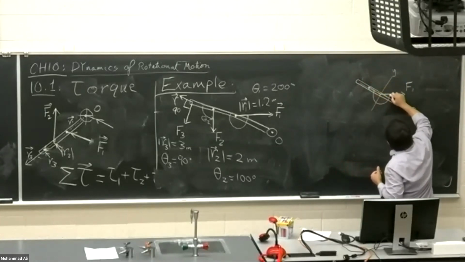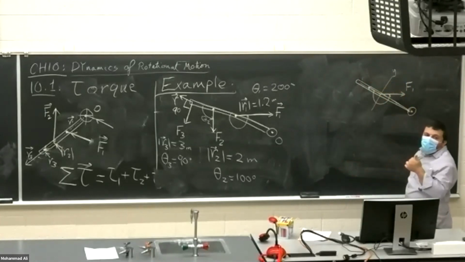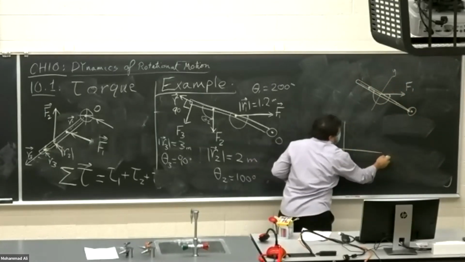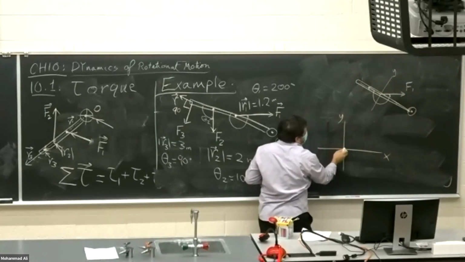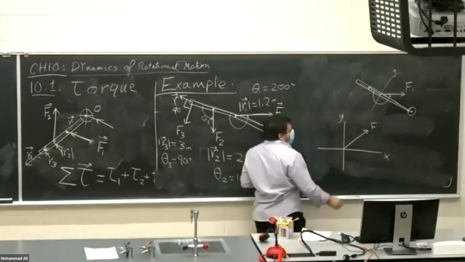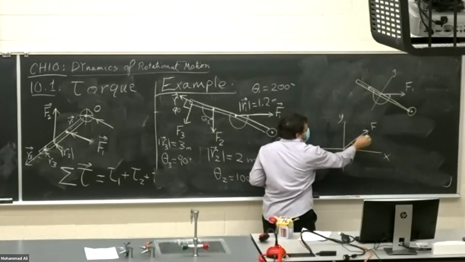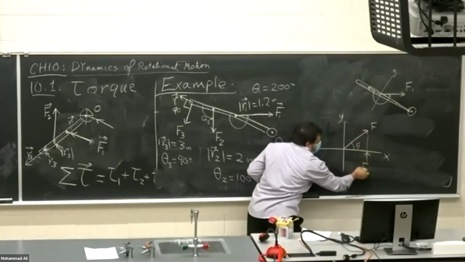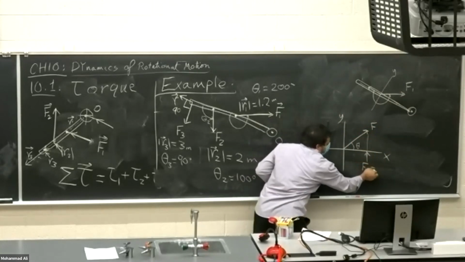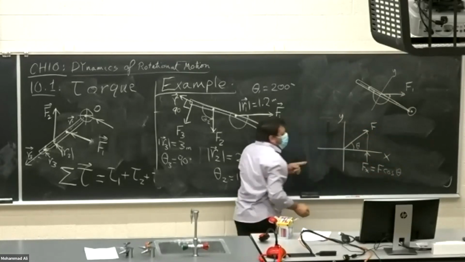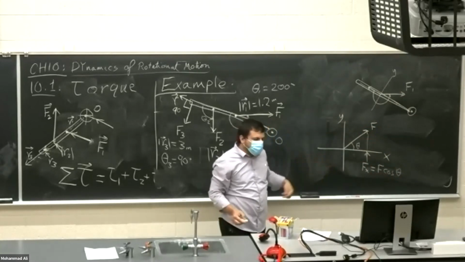And we have this angle. From before, we know that we have this X and Y. And this is F. This is theta. We have here Fx. This is F cosine theta. We use it in the dot product.